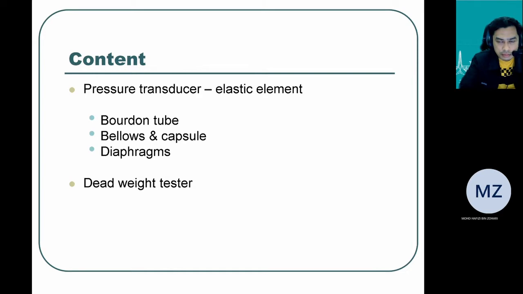We have three types of elastic element: the Bourdon tube, bellows and capsule, and diaphragms. After that, we're going to see the calibration method of the pressure transducer, which is to use the dead weight tester.